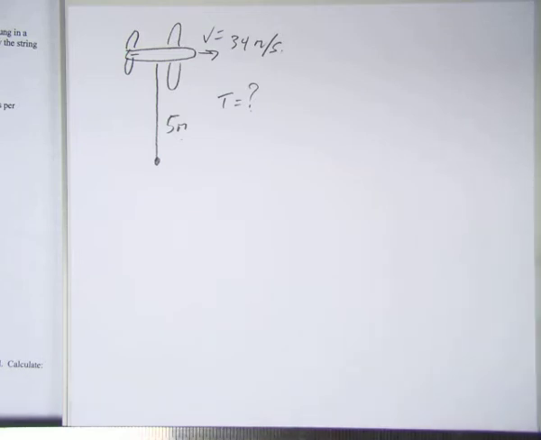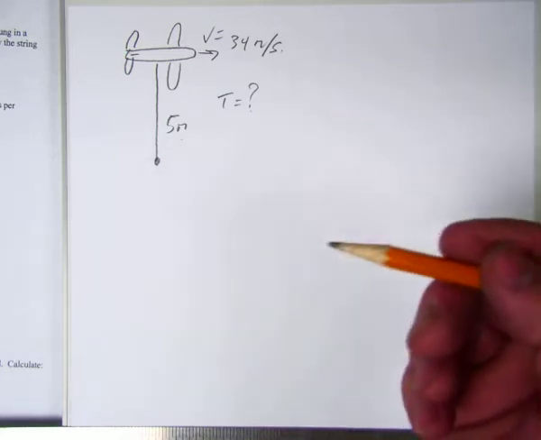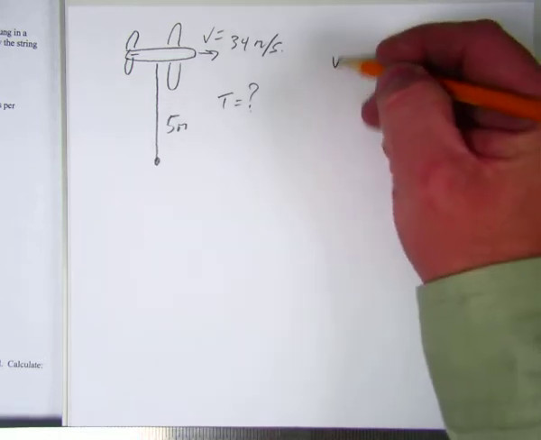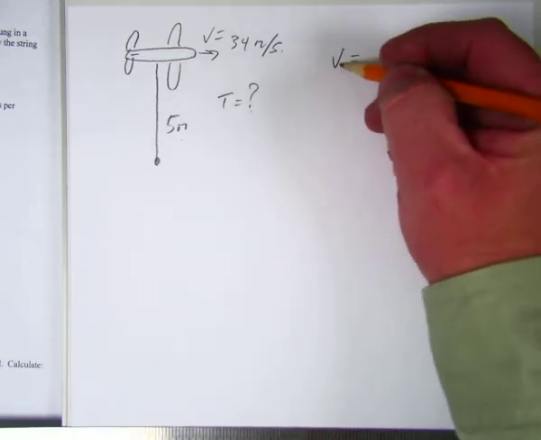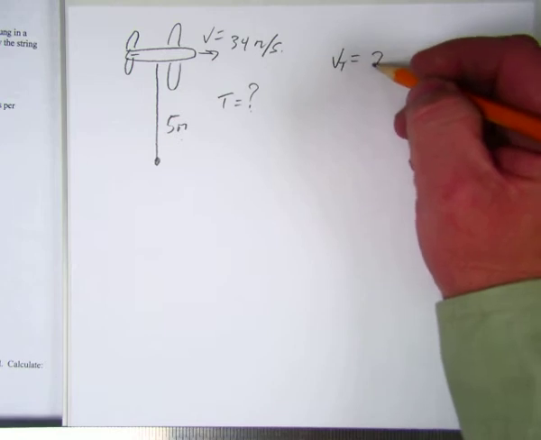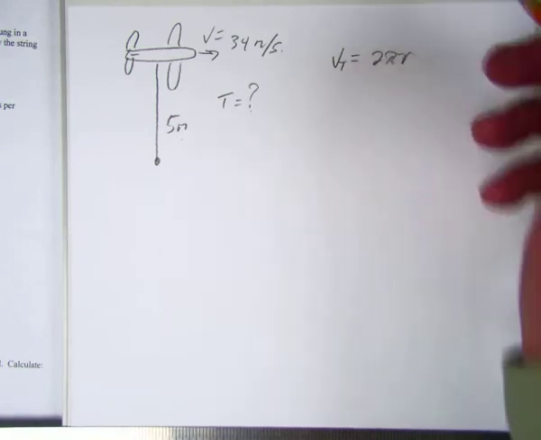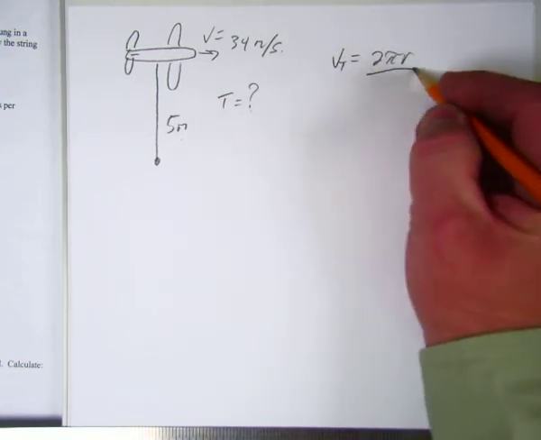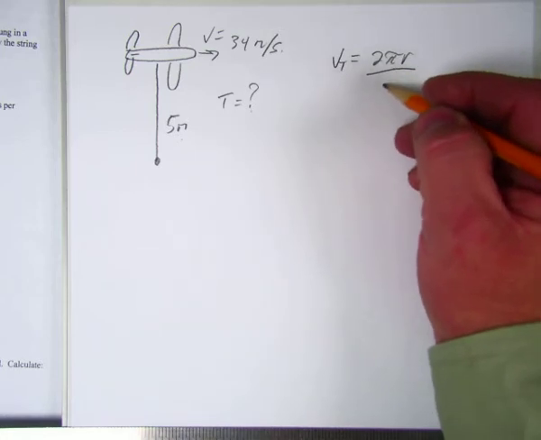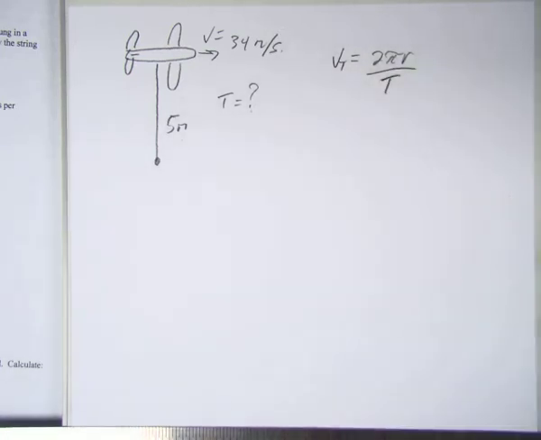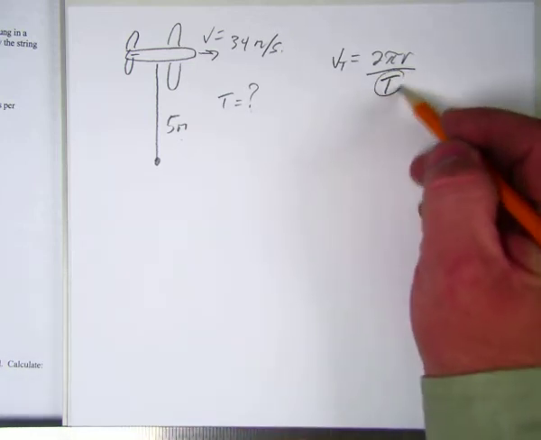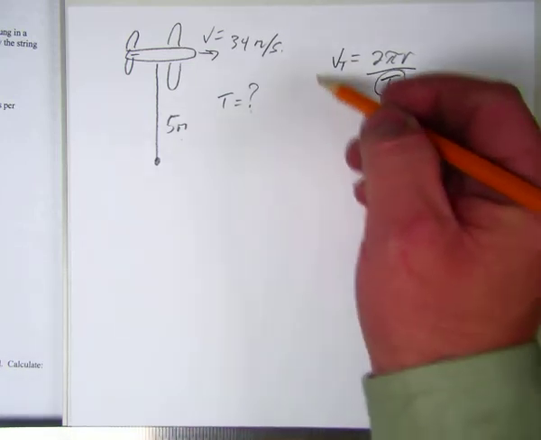Now, in order to do this problem, you're going to use the tangential velocity definition, which says that tangential velocity is 2 pi r, or the circumference of the circle, divided by the period. But in this case, we want to solve for what? Period, T. So we've got to move the T to the other side.